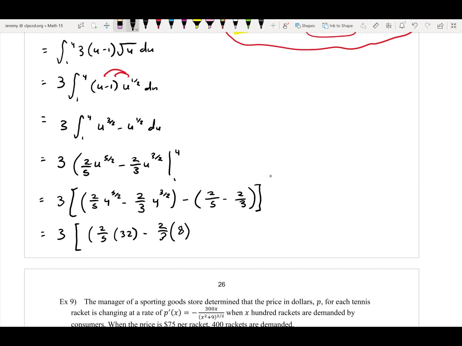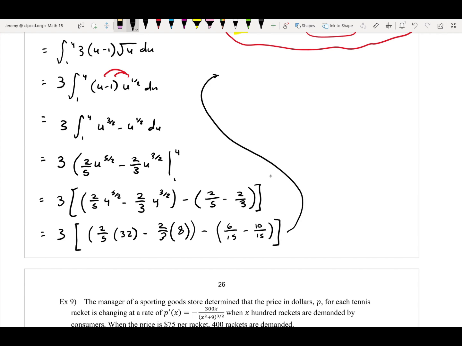That becomes 8. Minus, and then over here I could get common denominators, maybe a common denominator of 15. So this would be 6 over 15 minus 10 over 15.